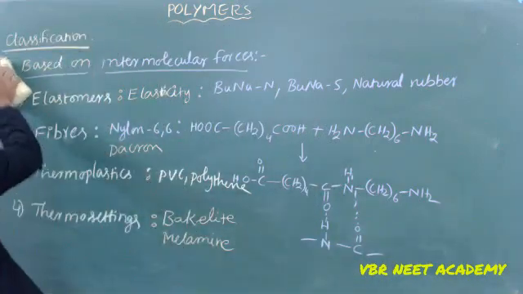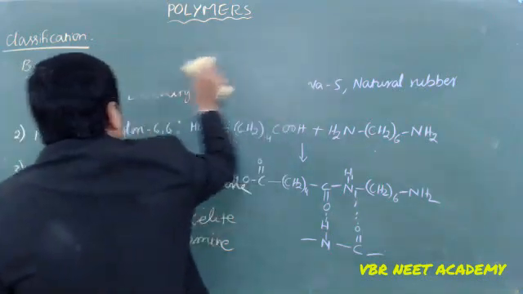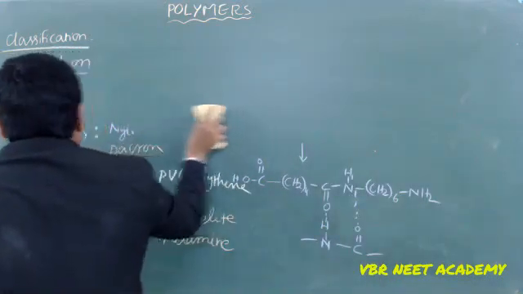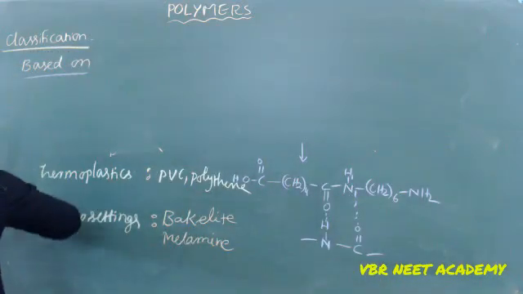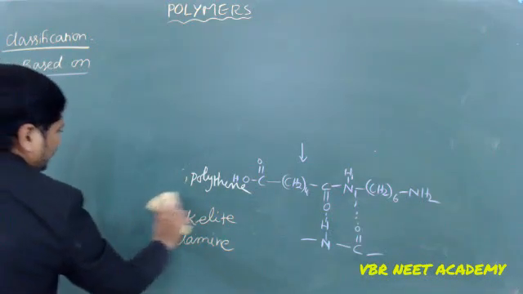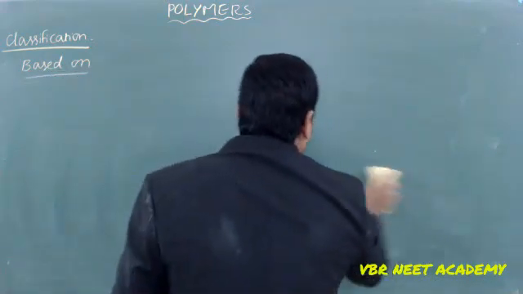The next classification I am going to take is based on composition. The composition explains whether the polymer is made by a single monomer or by more than one monomer.